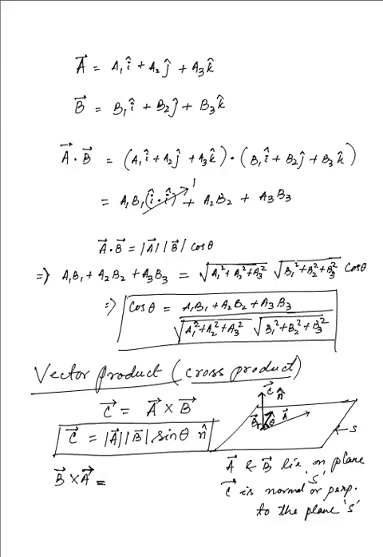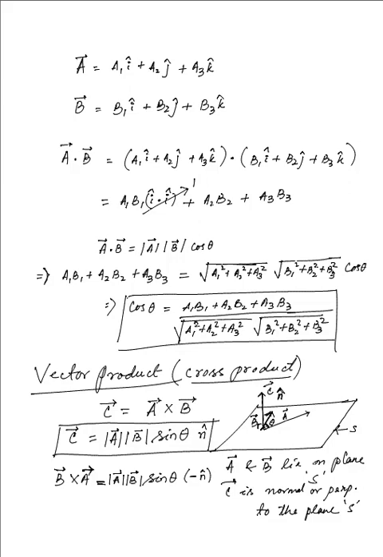The magnitude remains the same. You can write A first, then B next, or B first, A next. That doesn't matter as far as the magnitude is concerned, because it's going to end up multiplying the same thing. But the direction will be exactly opposite to that of n cap, which is represented by the minus sign over there. That means it will be acting in the downward direction as per the figure that I have shown.